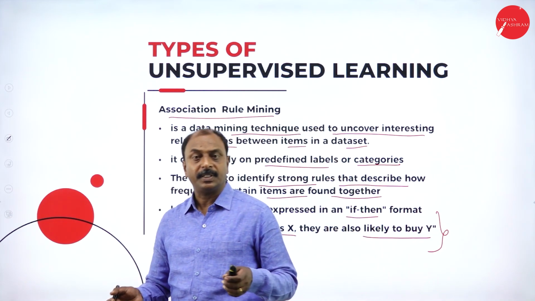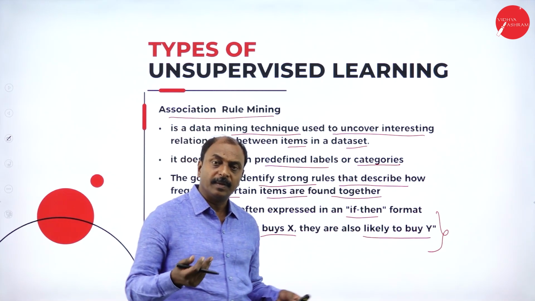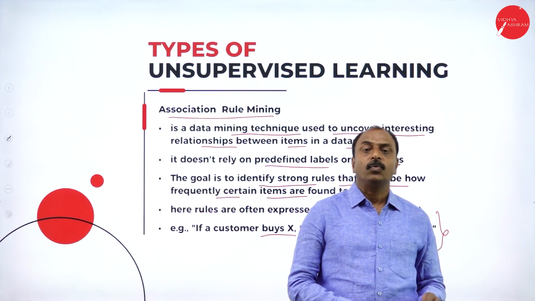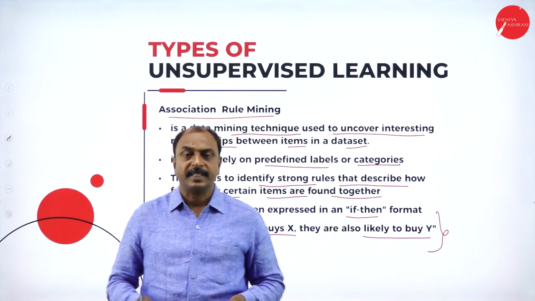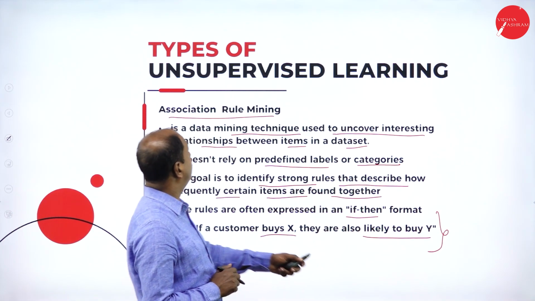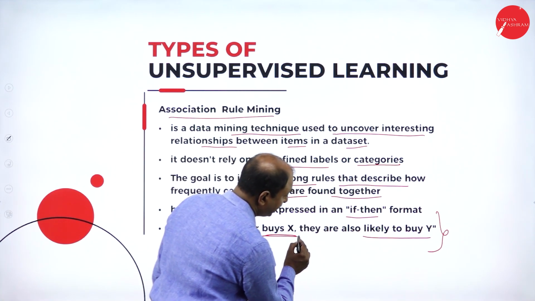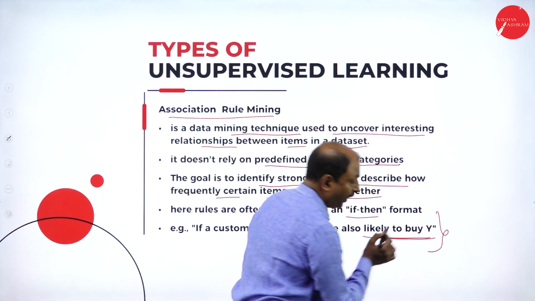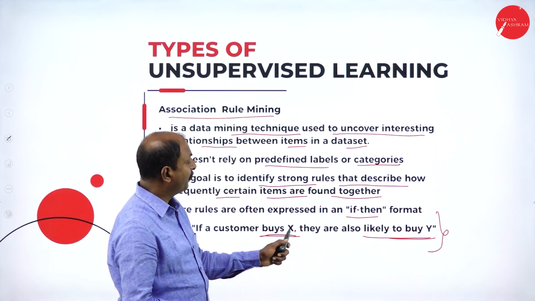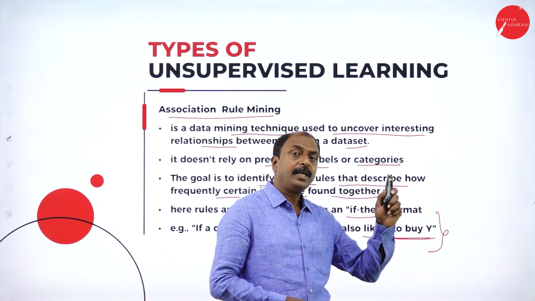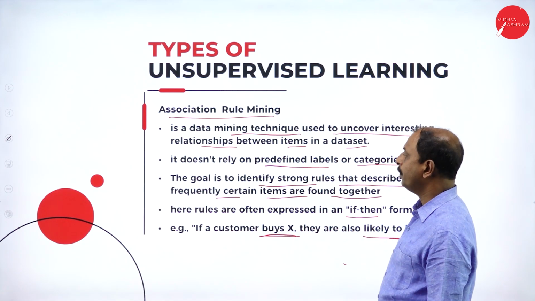Suppose you buy something like a mouse for a computer; you immediately get a message or image saying that one who bought a mouse also bought a keyboard or maybe computer accessories. These are all nothing but association rule mining. That is the meaning of if a customer buys X, then they are also likely to buy Y. It gives output, or displays something related to the input. This is the concept of association rule mining.